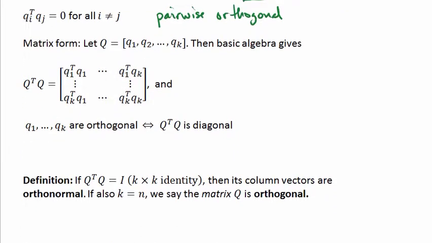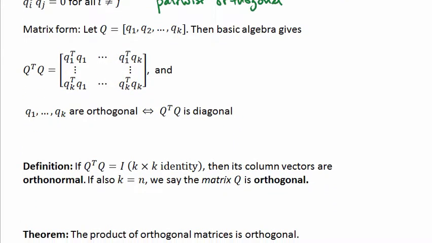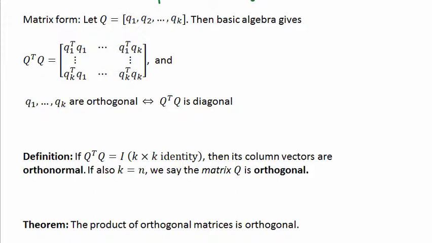A simpler way of stating this is using matrices. As usual, we'll stack those vectors into columns of a matrix, capital Q. And then if you write out what the algebra tells you for Q transpose Q using the block form for the multiplication, you just find that Q transpose Q is a matrix of inner products between the vectors.